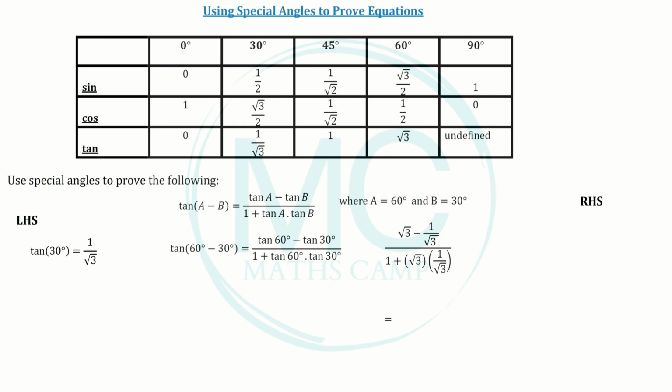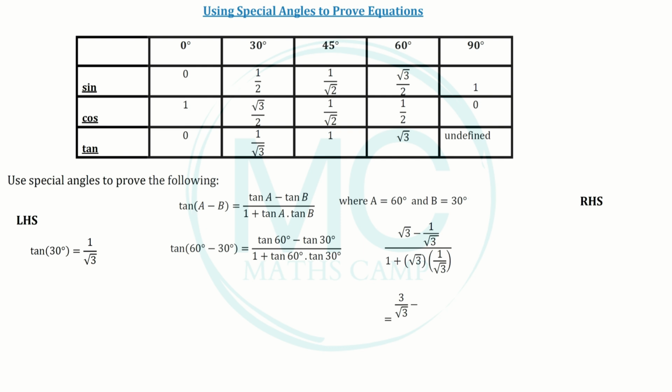And now we can simplify. In the numerator, we have root 3 minus 1 over root 3. To simplify this, we need to find a common denominator, which in this case is root 3. So let's take our original root 3, multiply by root 3, and we get a fraction of 3 over root 3.